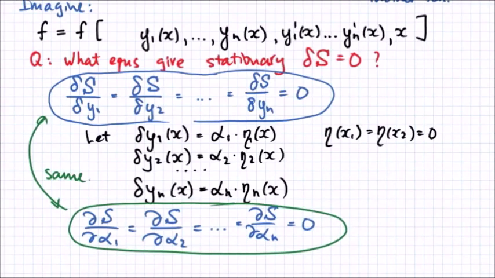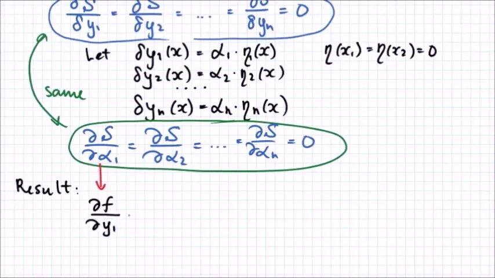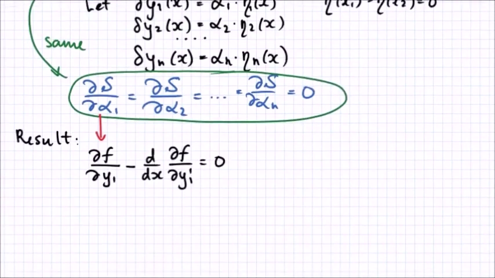Now, if we proceed and find each of these partial derivatives, we obtain a result that looks very similar to what we already saw. For the first equation we get the partial derivative of f with respect to y1 minus the full derivative with respect to x of the partial derivative of f with respect to y1 prime, and so forth.